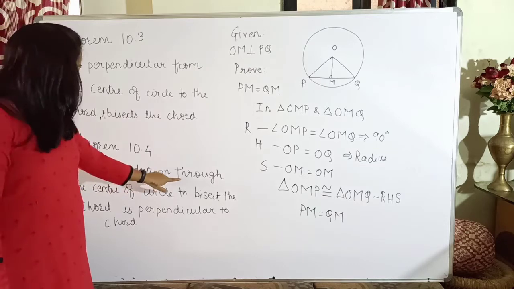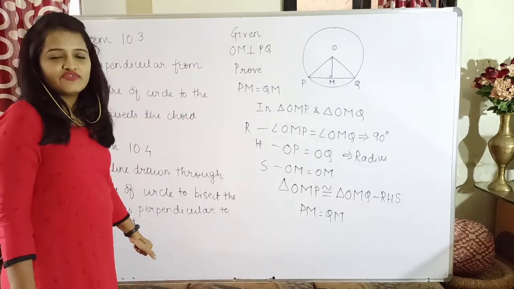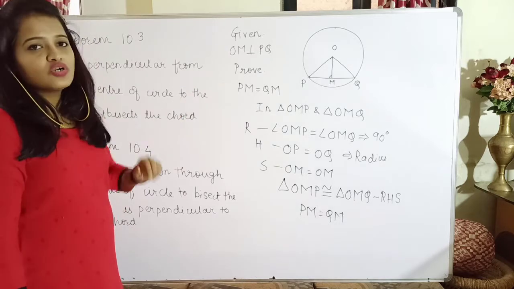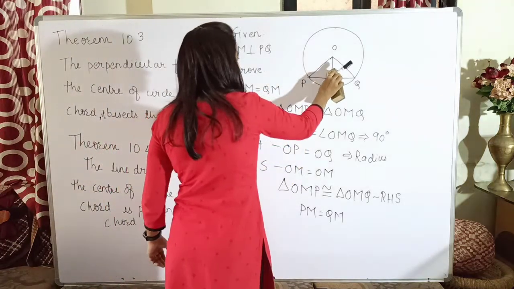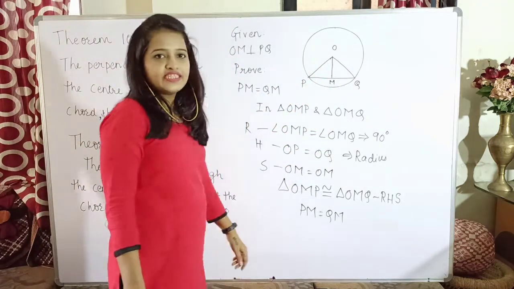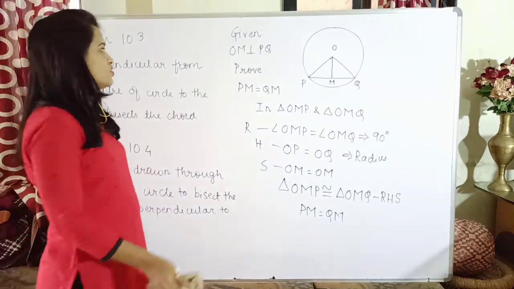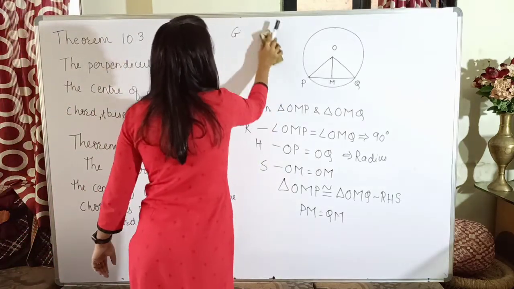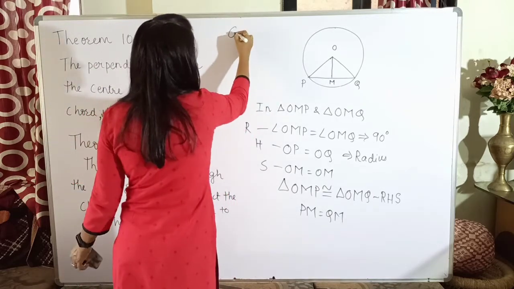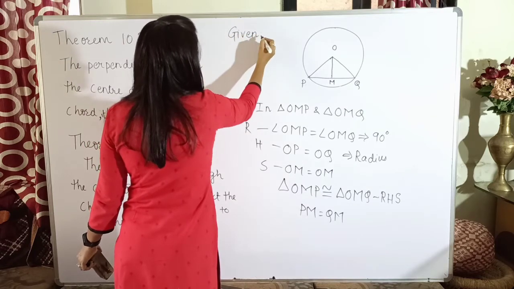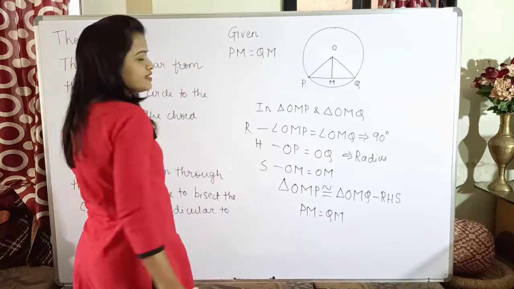The line drawn through the center of circle to bisect the chord. So I am just drawing one line from the center of circle on the chord in such a way that it is bisecting the chord. So here I don't know whether the line is perpendicular or not, but I am definitely drawing a line which is bisecting the chord. So what will be your given here? They are saying that the line is bisecting the chord. It means my given will be PM equal to QM, isn't it?